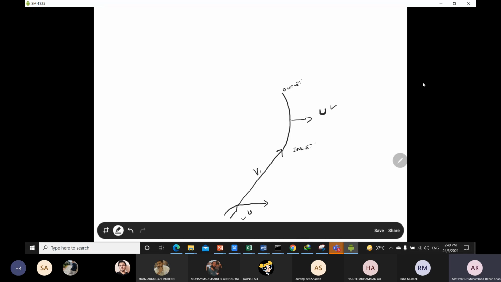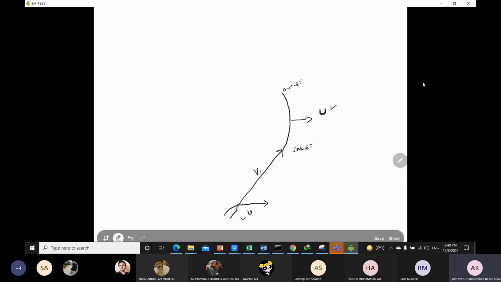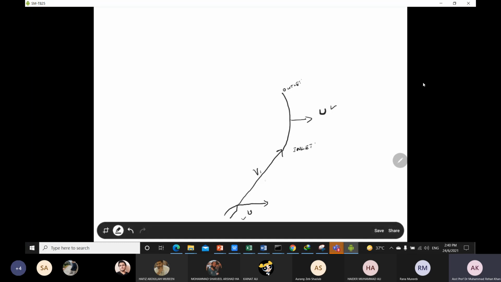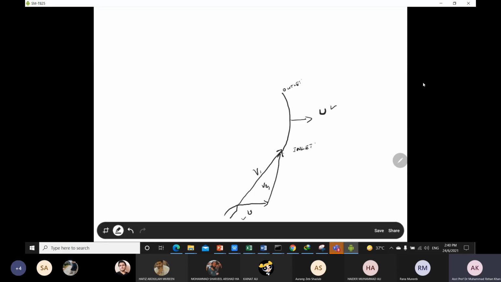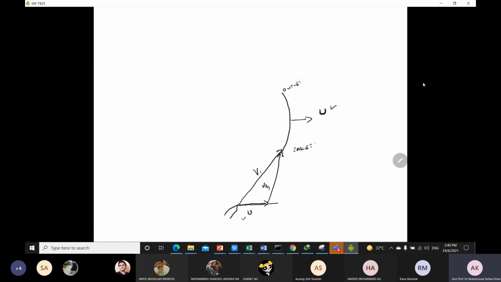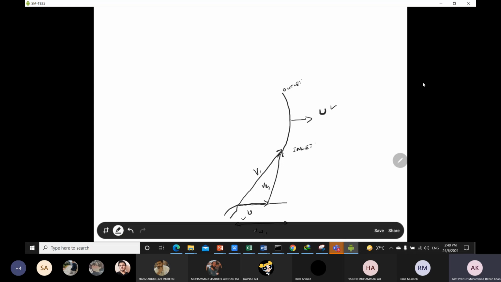Now we have one relative velocity at the inlet. We call it, where 1 basically represents all the parameters at the inlet, so here there is a relative velocity, and we call it VR1. Now for the absolute velocity we have two components: one is the tangential component and one is the axial component. So we have to draw the two components for V1. For example, this whole is the tangential component, VW1. VW1 is basically the whirl velocity.